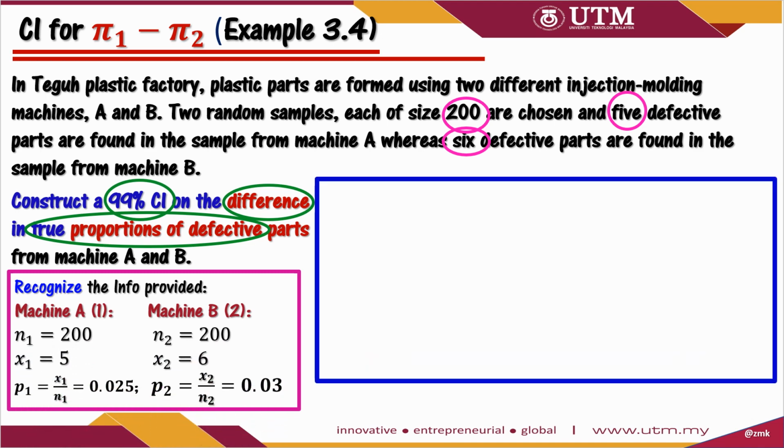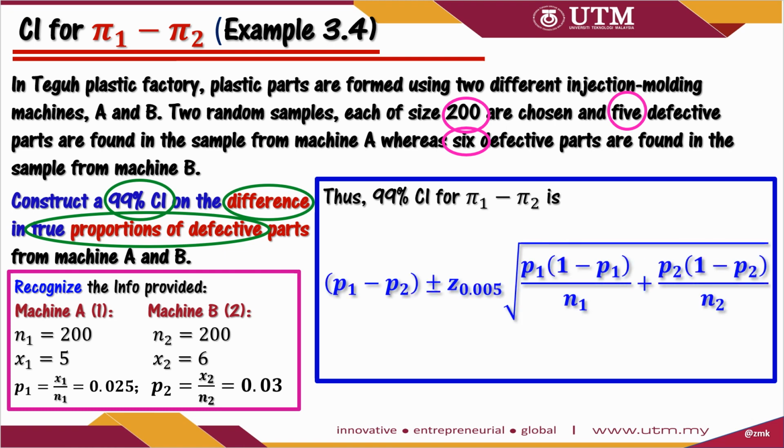Therefore, the 99% confidence interval for the unknown true population proportions of defective parts molded by machine A and B, that is, the 99% confidence interval for pi1 minus pi2, is given by this expression.